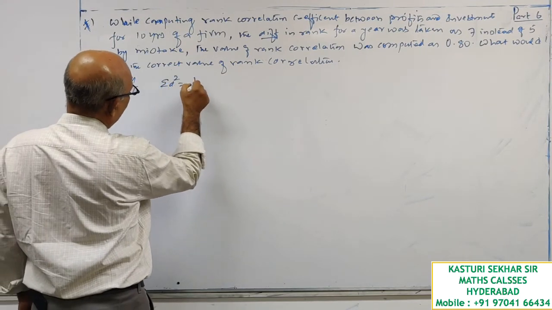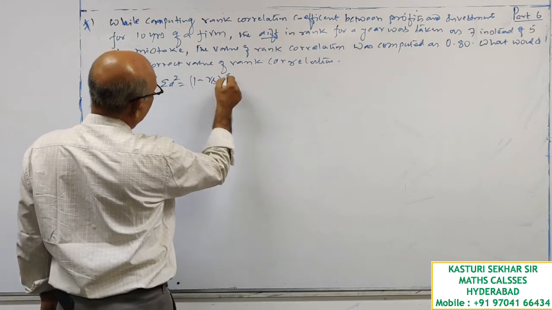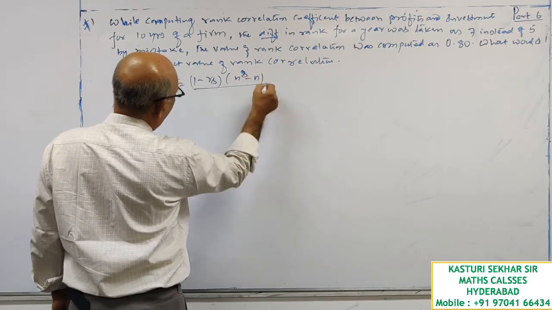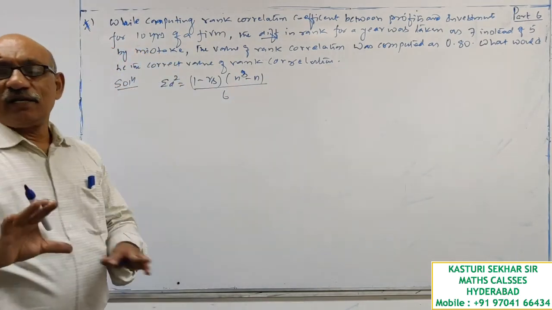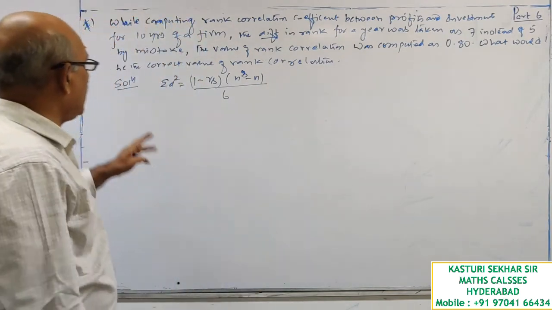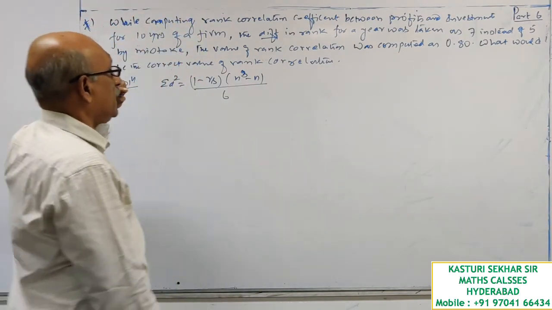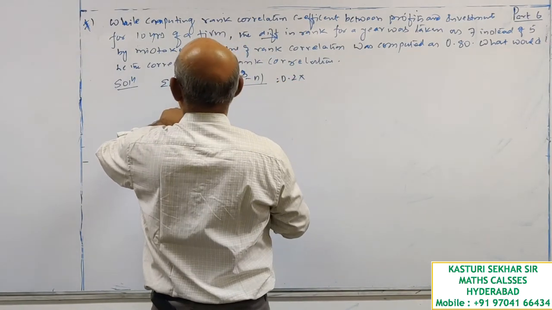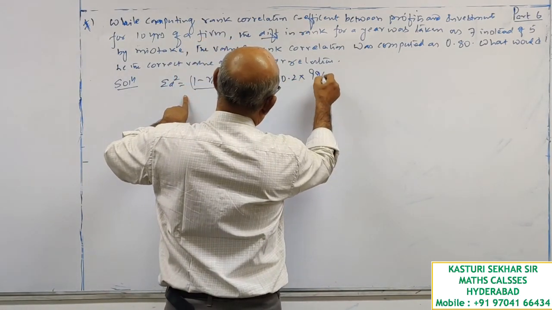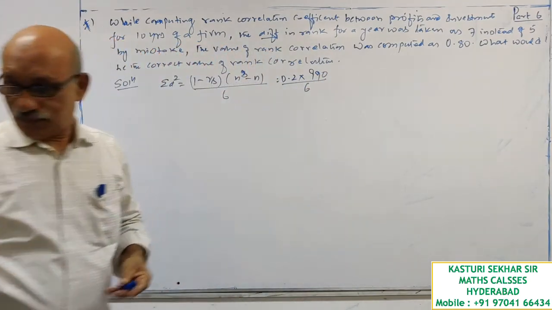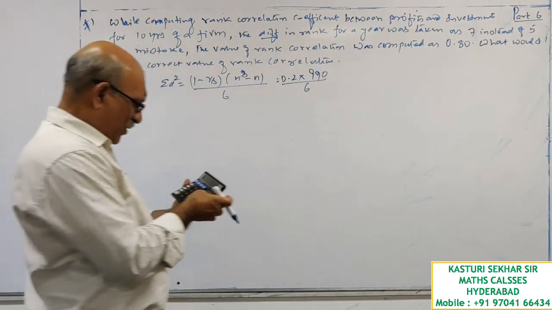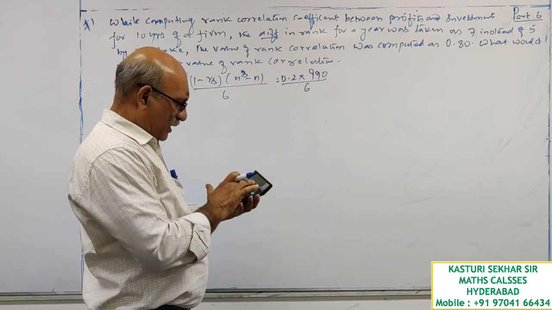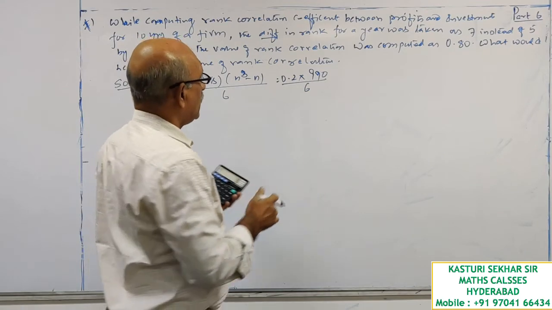Solution. Summation of d square is equal to 1 minus RS into n cube minus n divided by 6. After readjusting the formula, you can write summation of d square straight away. So this is 0.2 into 990 divided by 6, which is 33.